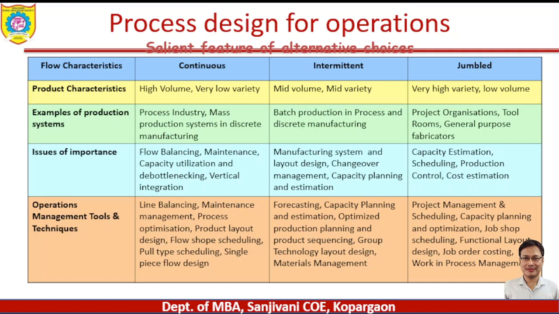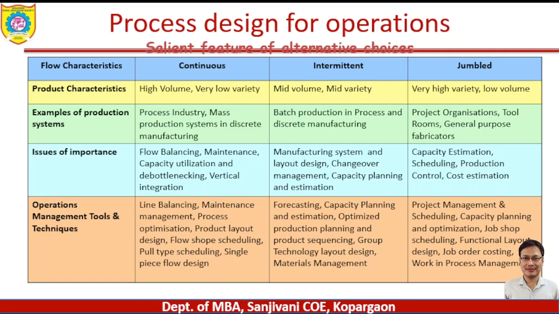The last one is the jumbled operations flow. It is usually used for very high variety of products, but with low volume. As every time a single variety of product is manufactured, it gives a very low volume.